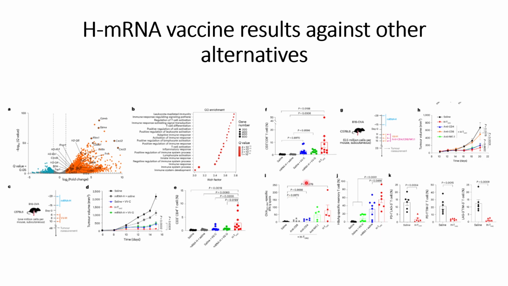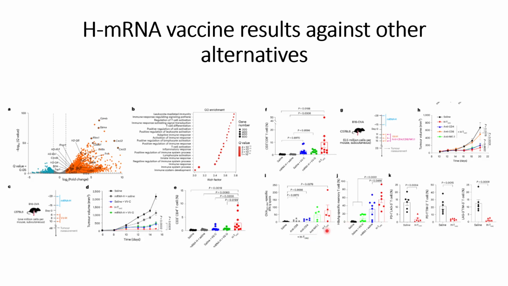Thereafter they also validated the endogenous expression of the T cells, whether the dendritic cells are able to present the antigens to the T cells and cause T cell activation or not. In this case they checked the ovarian specific IFN gamma, and they saw that it is significantly higher where they used H-mRNA vaccines compared to the individual cases where they neutralized with anti-CD8, anti-CD4 and anti-NK1.1 antibodies.